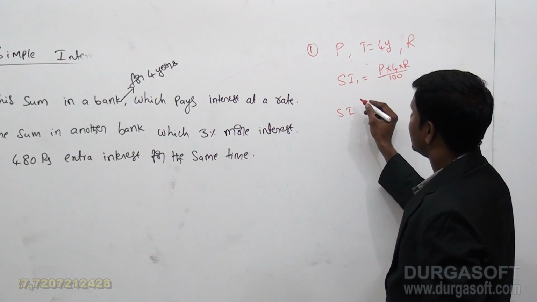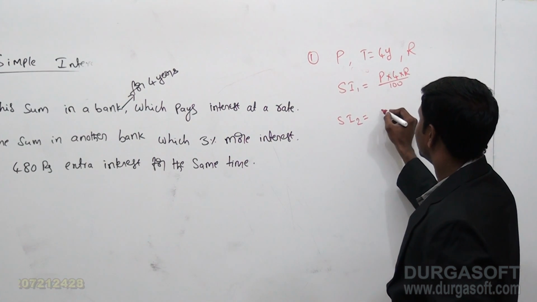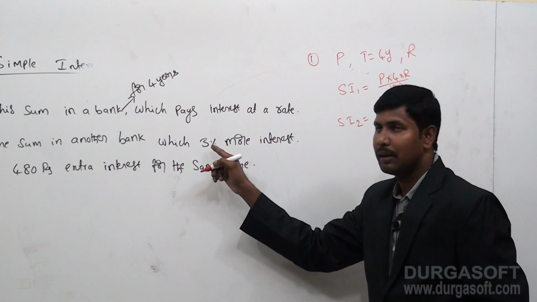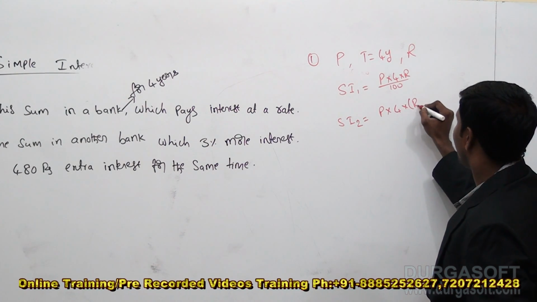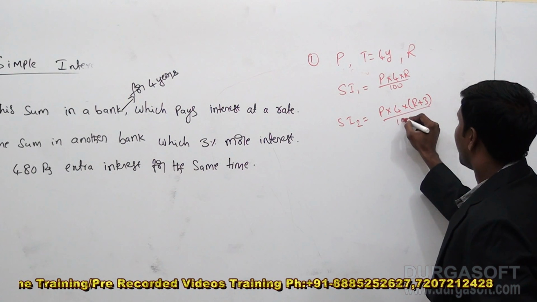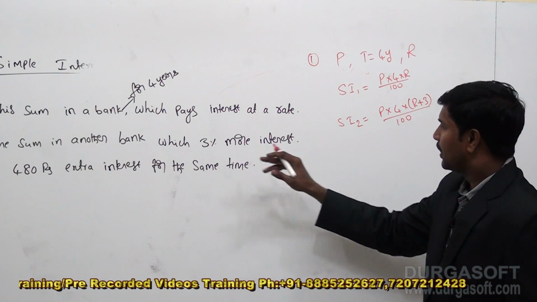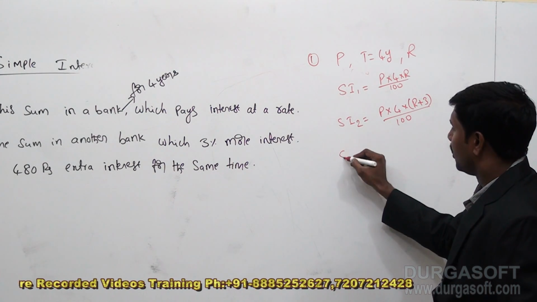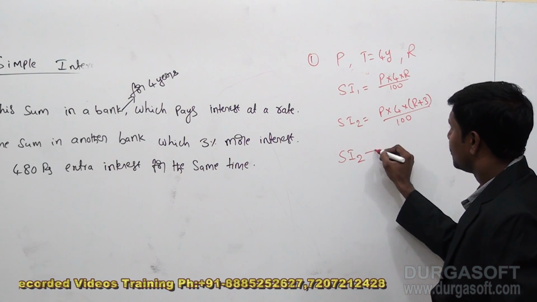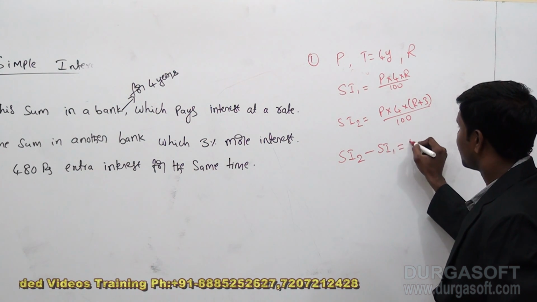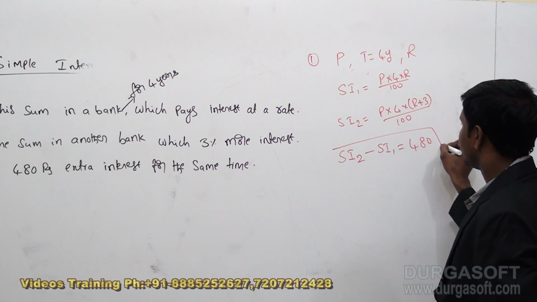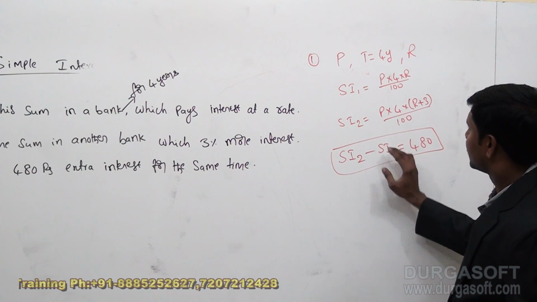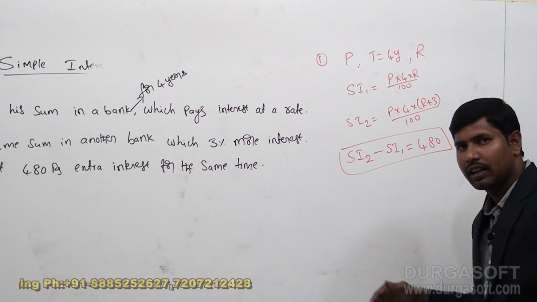Now in the second case, the principal amount is the same, so P into time 4 into rate of interest, 3% more for the second bank, so it is R plus 3, by 100. But it is clearly given that in the second case the interest is 480 rupees more than the first bank. So it means SI2 minus SI1 is equal to 480 rupees. By taking this equation, you can get the required answer. Substitute the SI1 and SI2 values in this equation and you will get the required answer.